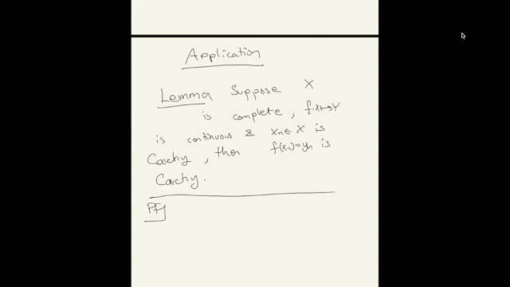Well, let's combine these. So xn is Cauchy and X is complete. So there exists an x such that limit as n goes to infinity of xn is equal to x.